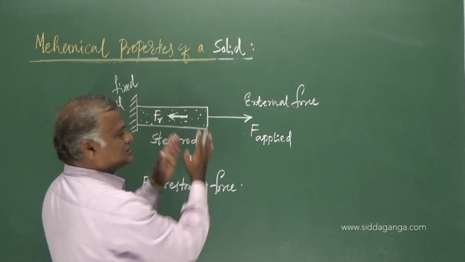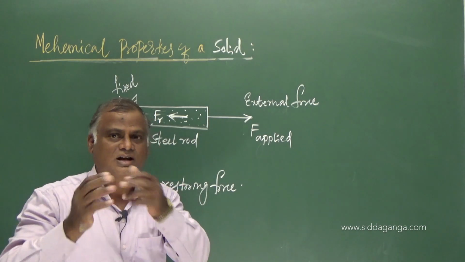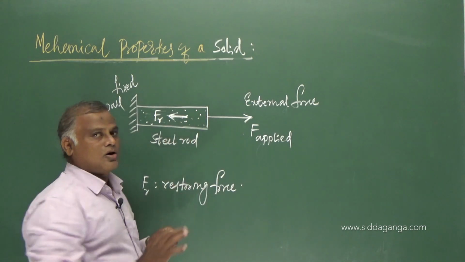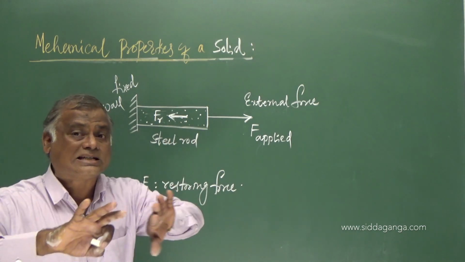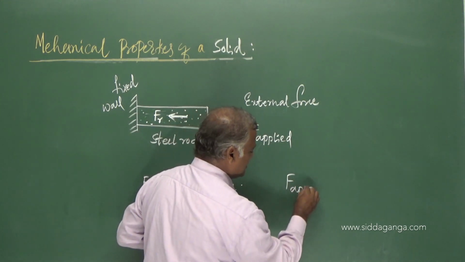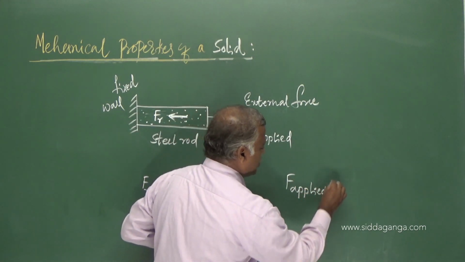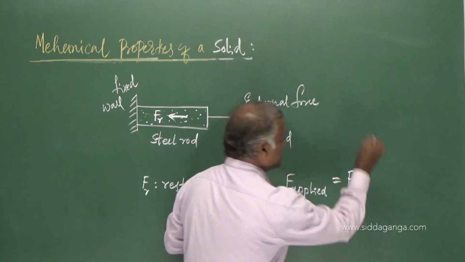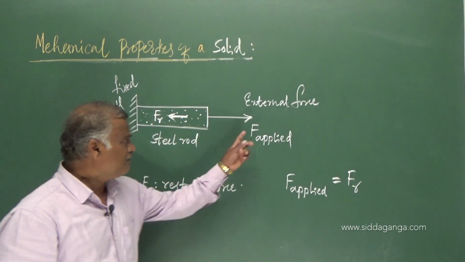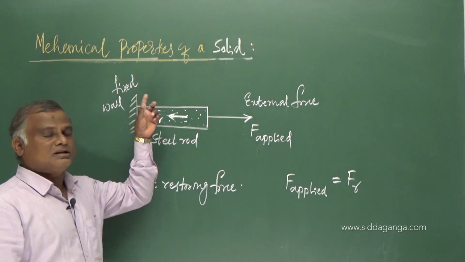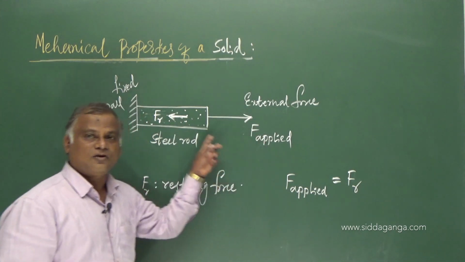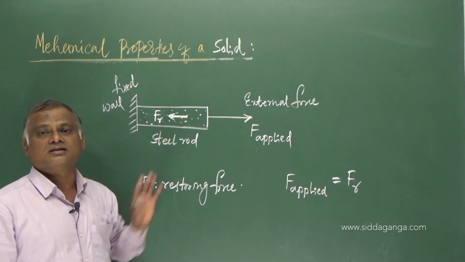Once it is in equilibrium state, the steel rod doesn't break. This applied force is always equal to the restoring force. If you increase the applied force, the restoring force also increases. If you decrease the applied force, the restoring force decreases.